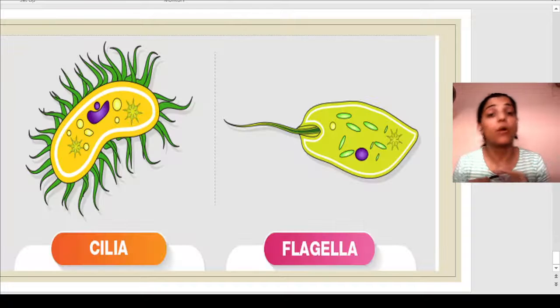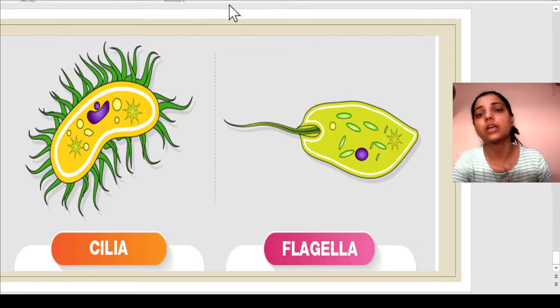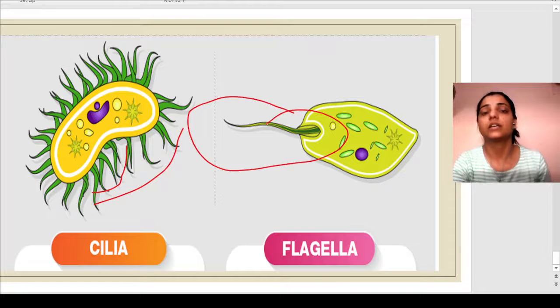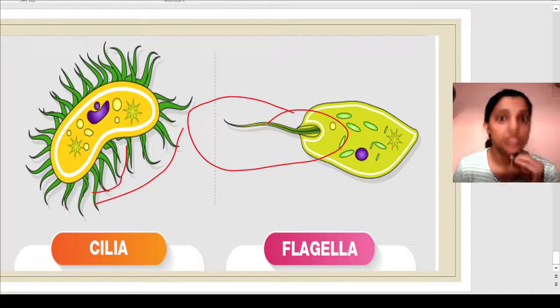And for movement, we have just discussed that it is through cilia and flagella. As you can see in this picture, they can move with these small hair-like structures that we call cilia, and this single tail-like structure we call flagellum.